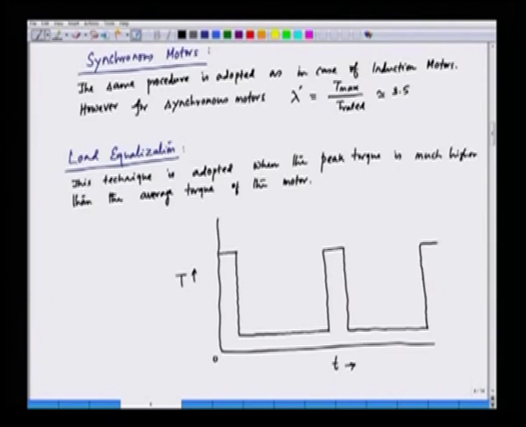So, it changes like this. So, we see a nature of the load torque variation. Now, this is the load torque variation TL. So, TL is fluctuating in nature, it is periodic definitely, but it is having a very high peak.